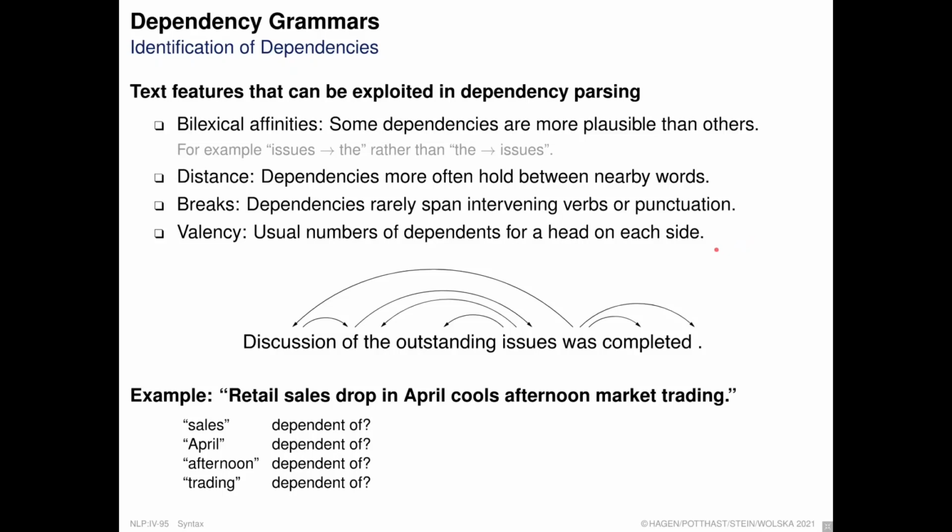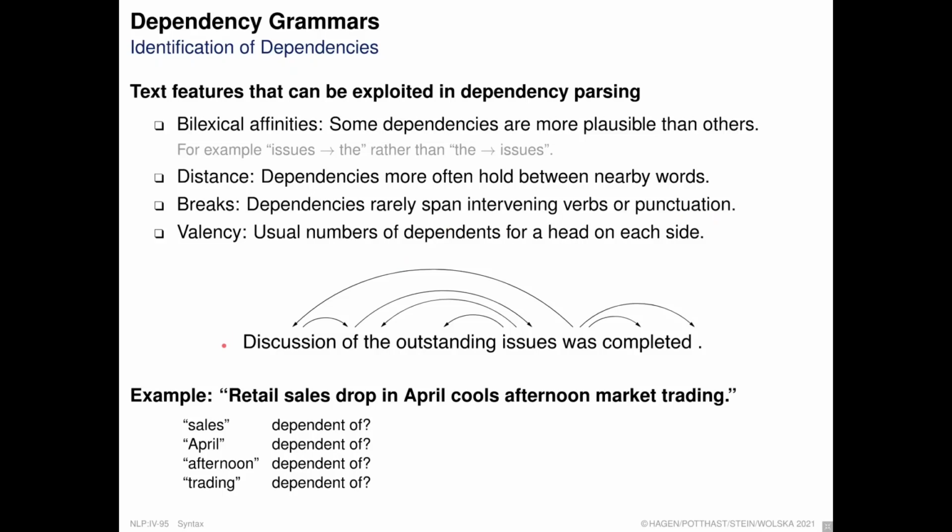Valencies, so the predicate argument structure of a given word, is a good indicator. The usual number of dependents for a head will probably be represented on each side of that head. So if there's a verb with two arguments, you can expect that there will be two dependency relations of some type on both sides of the verb.